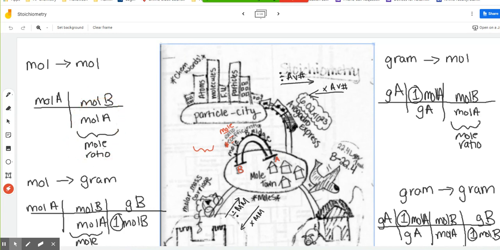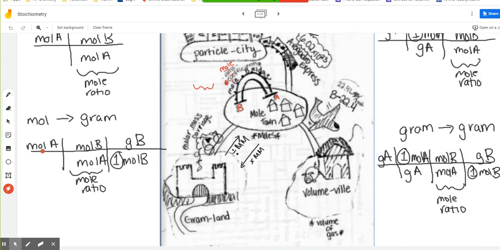Where are we going to grab those numbers from? Mole ratio. Okay, not the periodic table. I've gotten a couple people say periodic table. Not the periodic table yet. This is where we have the mole to mole thing. So we're going to be grabbing the coefficients. Perfect. Yes.